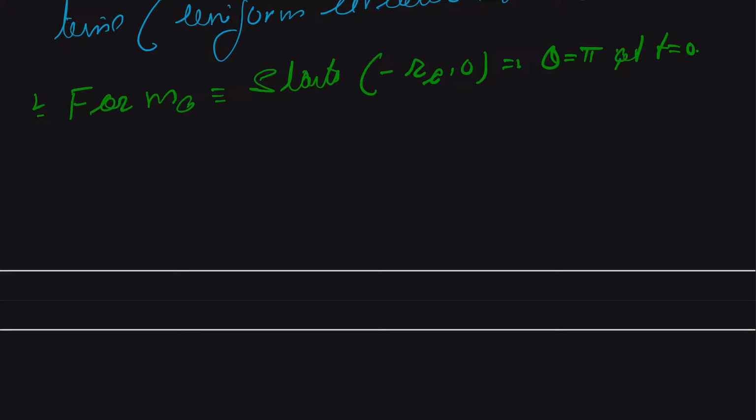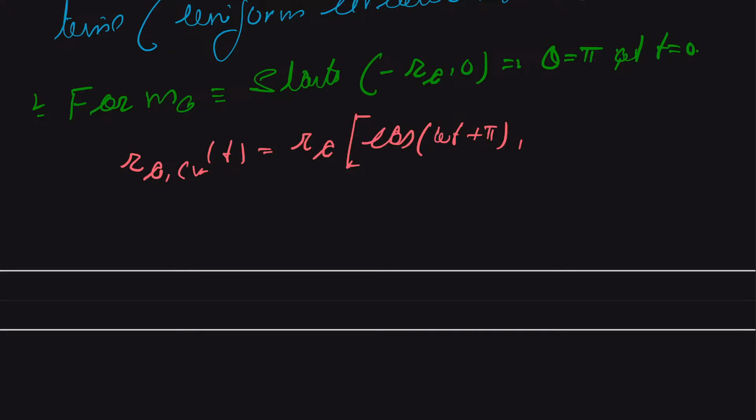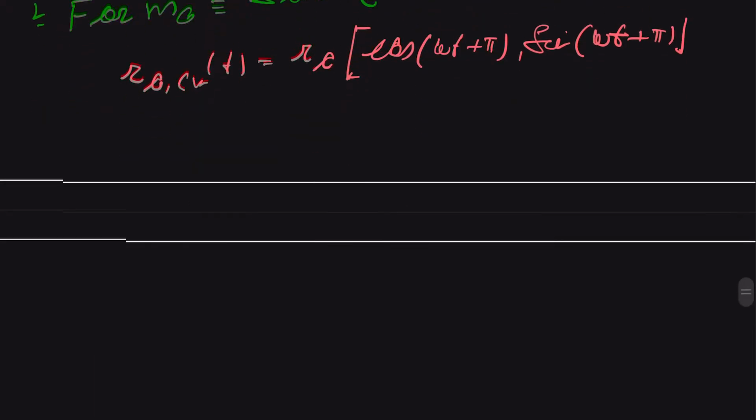Therefore, the position of A with respect to the center of mass at time t will be R_A times (cos of (omega t plus pi), sine of (omega t plus pi)).